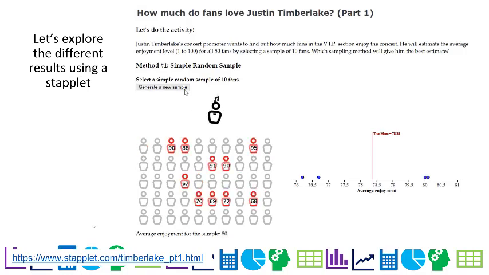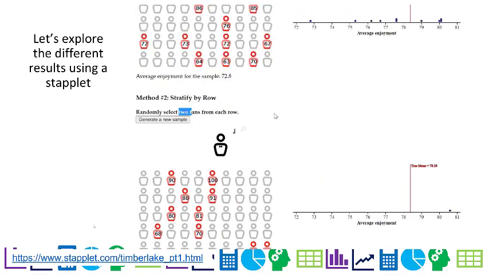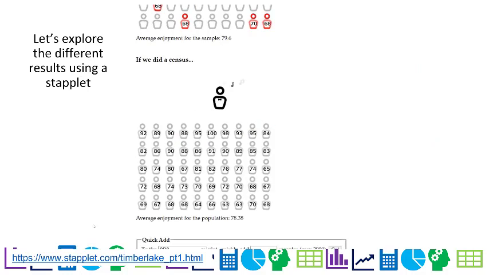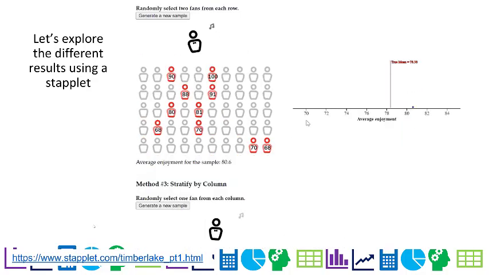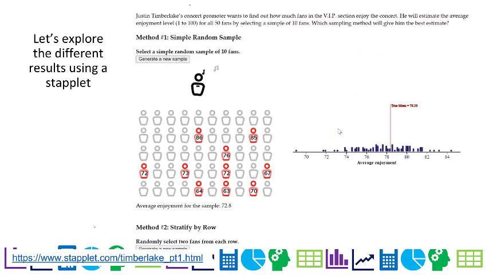And I'm going to go to the bottom and generate 40 more samples for that. Actually, we'll do 90. We'll go ahead and have 100 samples. And if you go up here, here are 100 samples using a simple random sample method, all right?